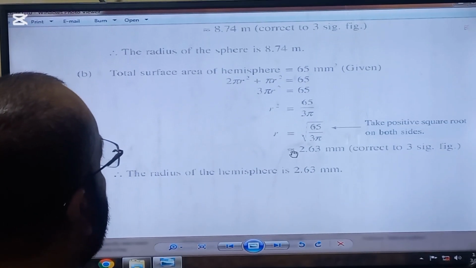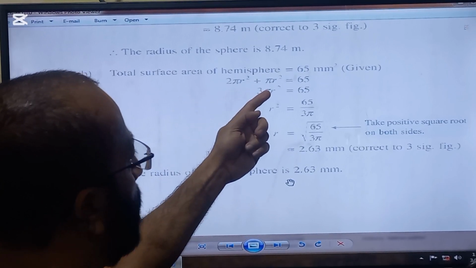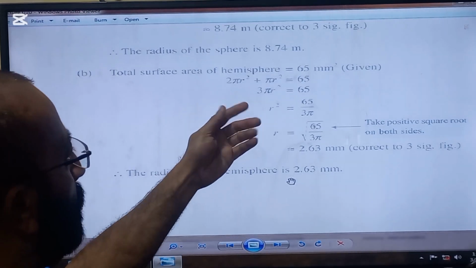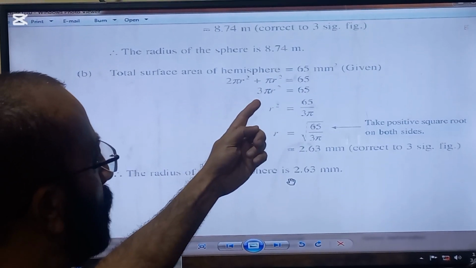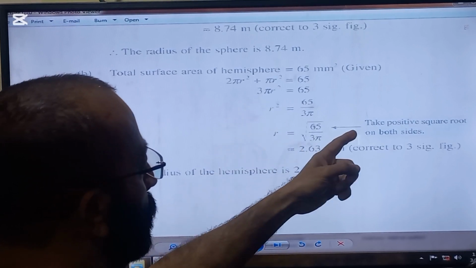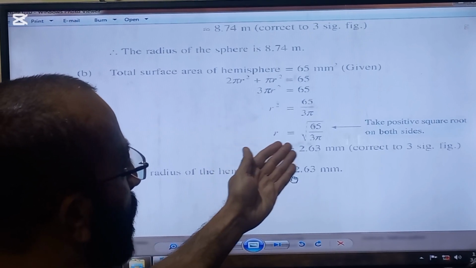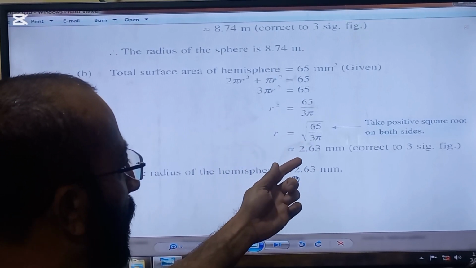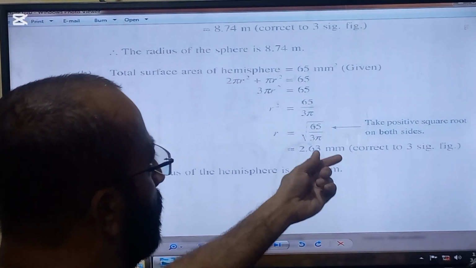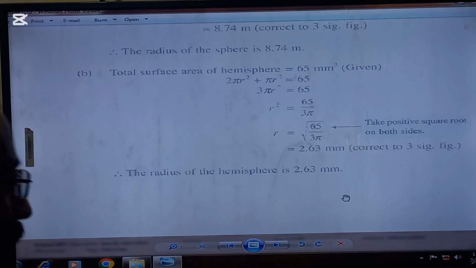So the formula for the total surface area of the hemisphere is 2 pi r square plus pi r square, and we will take 65 equal to this, and from here this will be added, equal to 3 pi r square. 65 will remain same. 3 pi will go to the right side, and r square will remain here, and from here we will use the calculator. Answer will become 2.63. So this is the unit millimeter. This is the answer of the radius of the hemisphere.